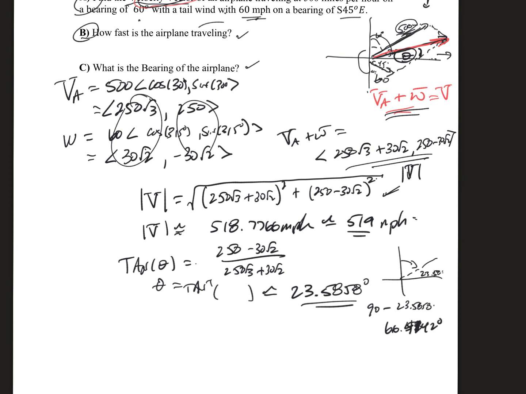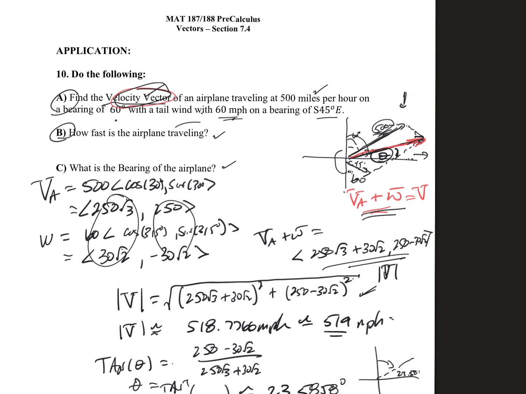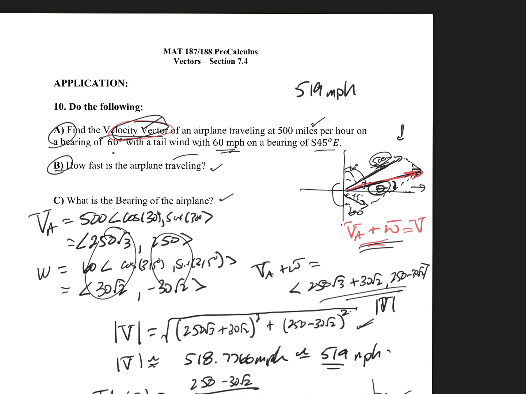66.4142 degrees. So in sum, in terms of a bearing, let me scroll this down so we can put this all in summary. After all that work, what I have is that my plane is traveling at 519 miles per hour, and it's going at a bearing of 66.4142 degrees.